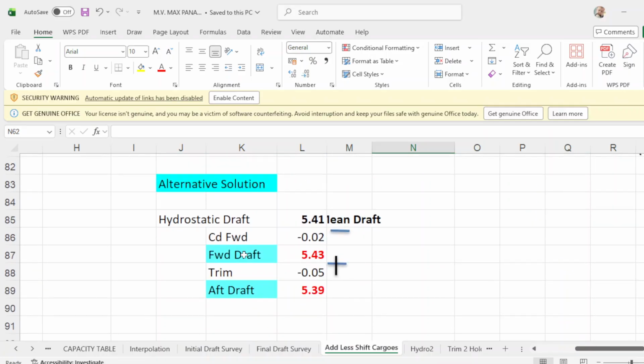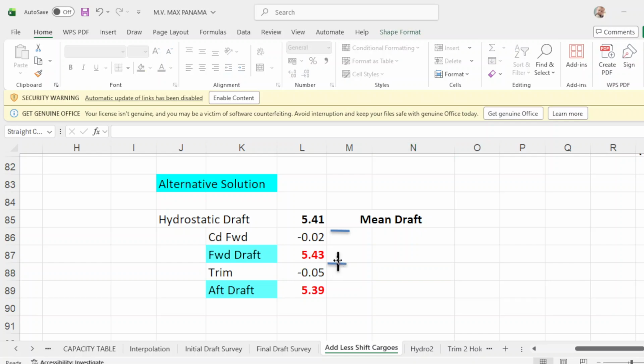And this is another solution. Your main draft, okay, main draft is 5.41. That should be add. Okay, this should be subtract.